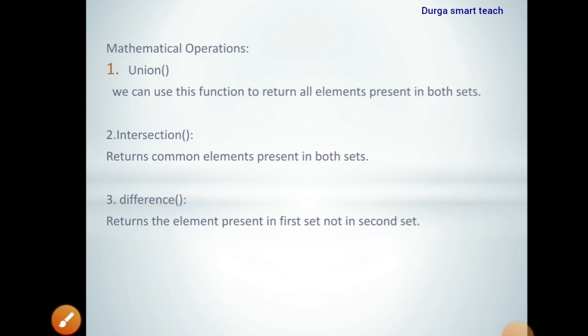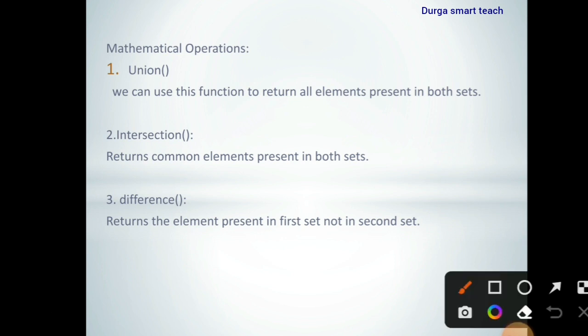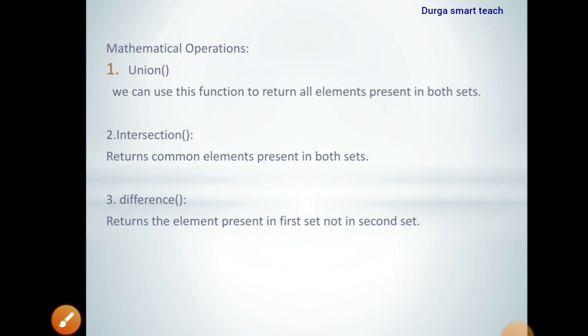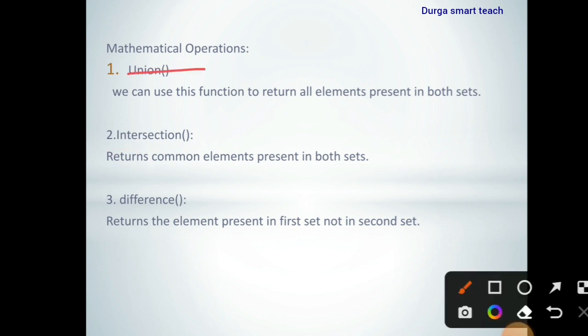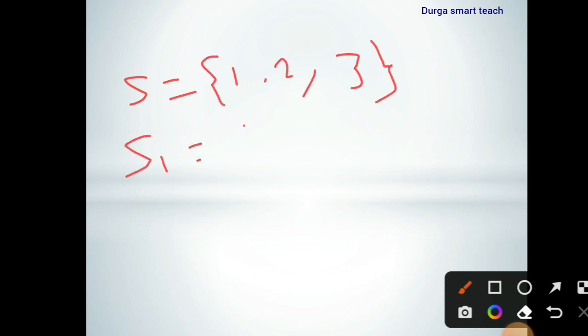Next one is intersection. Intersection is used to return common elements in both sets. For example, S contains 1, 2, 3. S1 contains 2, 3, 4.